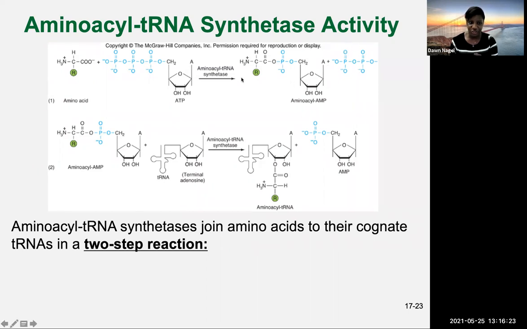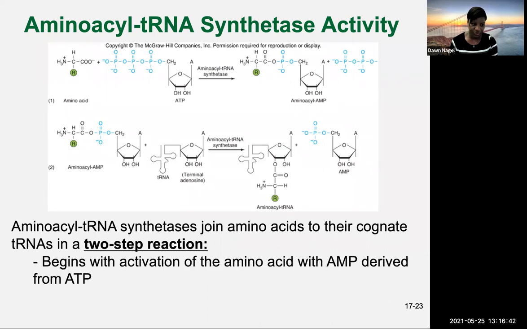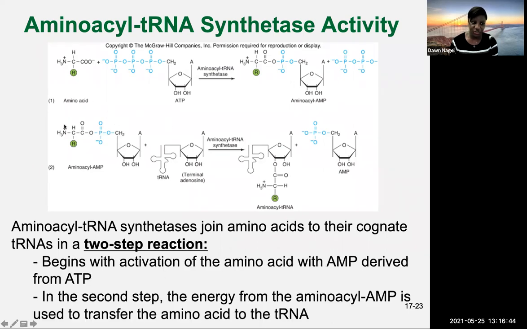So this addition of this amino acid to AMP charges it because it's an energy source. You're breaking the bond, you have a lot of energy. This energy gets transferred to this amino acid so that the amino acid is now charged, okay? So once the amino acid is charged, then it combines with the tRNA, and this amino acid can then get added to this tRNA, again either the 3' or 2' OH of this tRNA that's present, right?